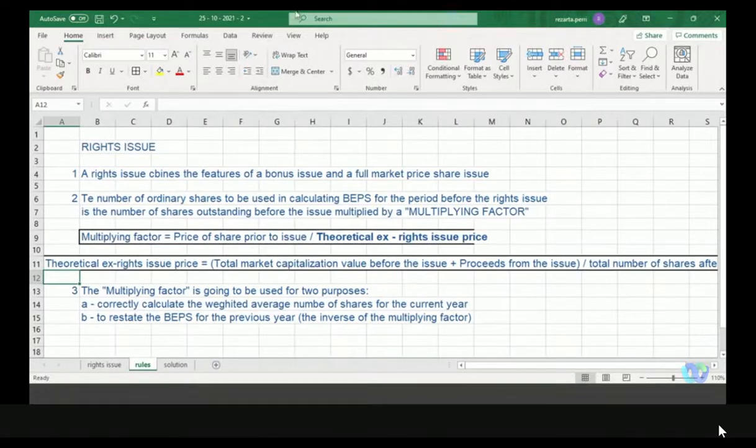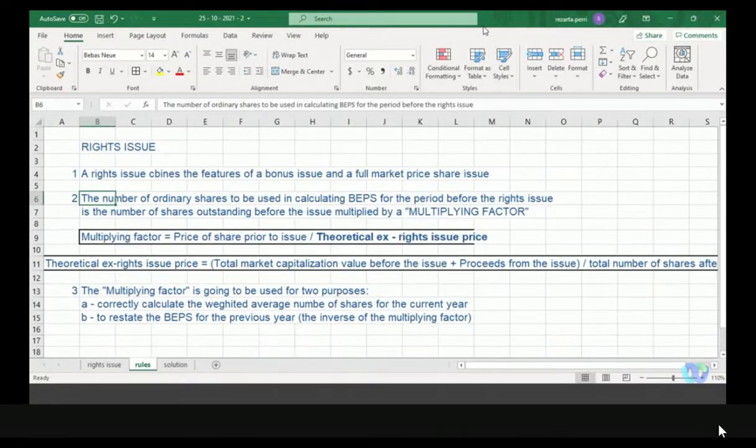That means that the number of ordinary shares that we need to take into consideration to calculate the basic earning per share will take into account the time period, but will also take into account a multiplying factor. This factor will help to achieve the requirement of IAS 33.